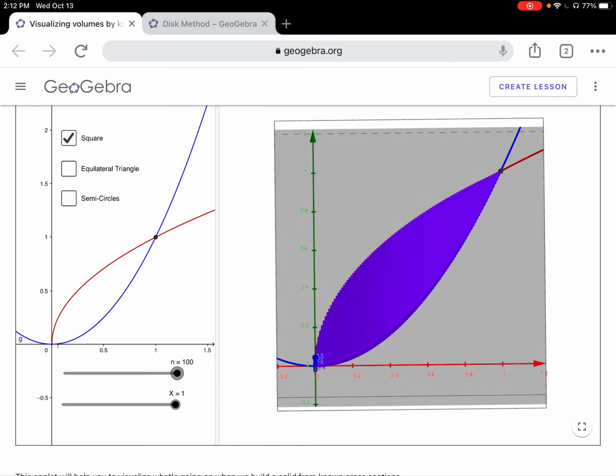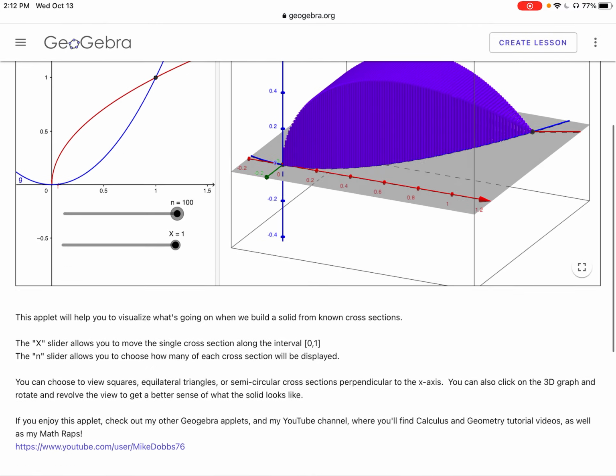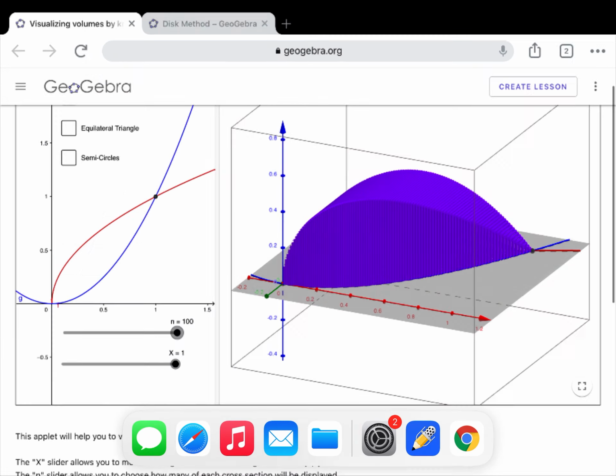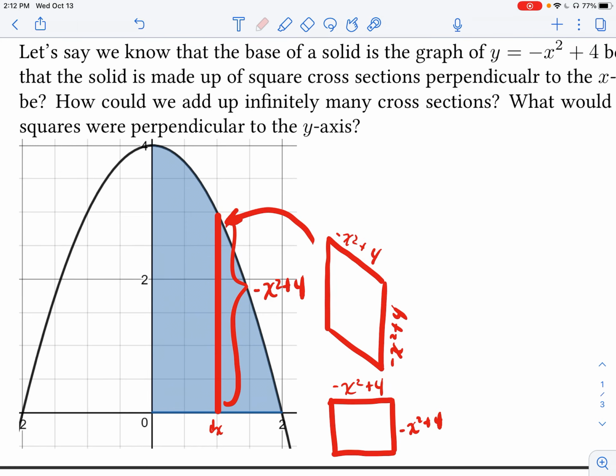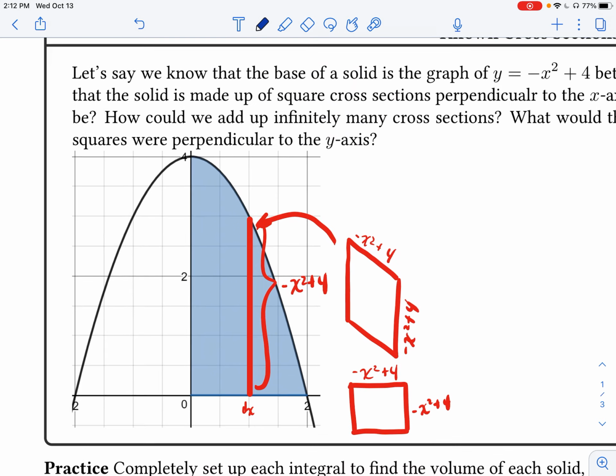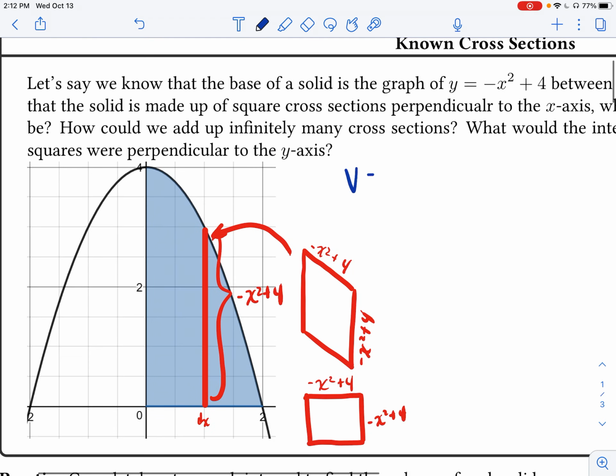So going back to our notes, hopefully we can get a sense of how this is looking now. To find the volume of a three-dimensional solid formed by these cross sections, we are going to integrate the area of each one of our cross sections.